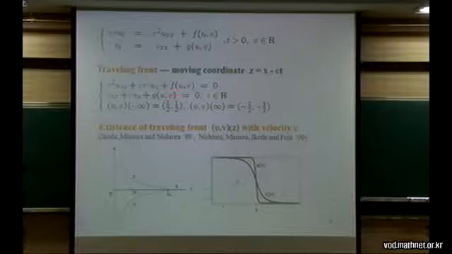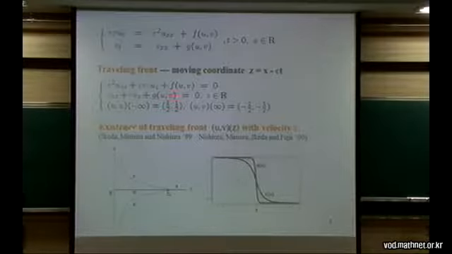This is the ODE system, and these two are stable constant solutions. Here we assume epsilon is sufficiently small. Then we can apply the singular perturbation technique to this problem and get the traveling wave solution.